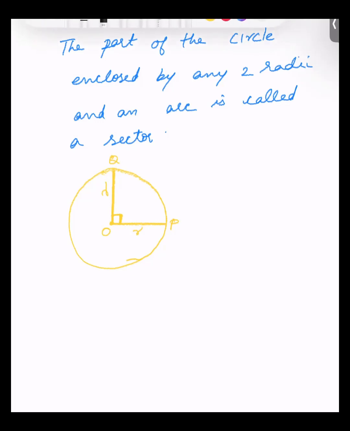So can I consider this as a sector? Yes or no? This is an area enclosed within two radii and an arc. OP and OQ are two radii, and PQ is the arc. So this is a sector.